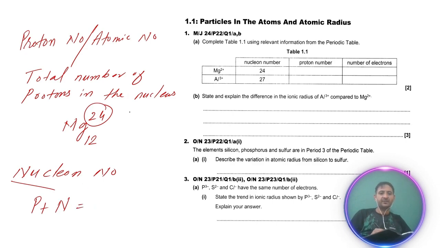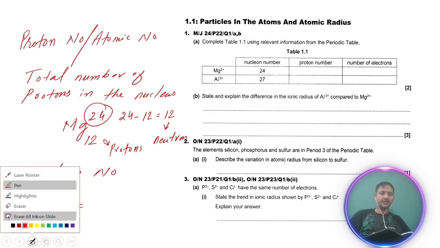So for example, if there are 24, it means there are 12 protons and the nucleon number is 24. How can we find the number of neutrons? It means 24 minus the proton number 12. It means there are 12 neutrons, in the nucleus of an atom.